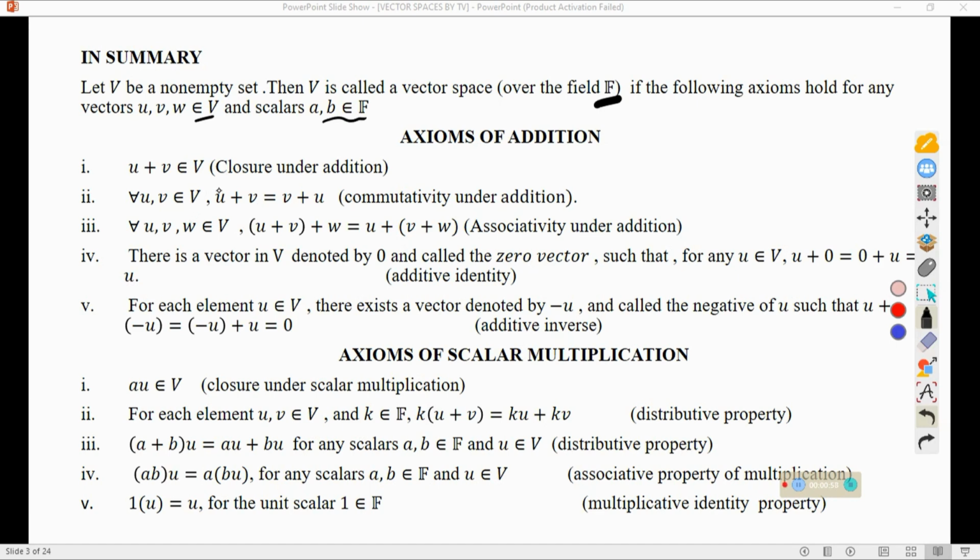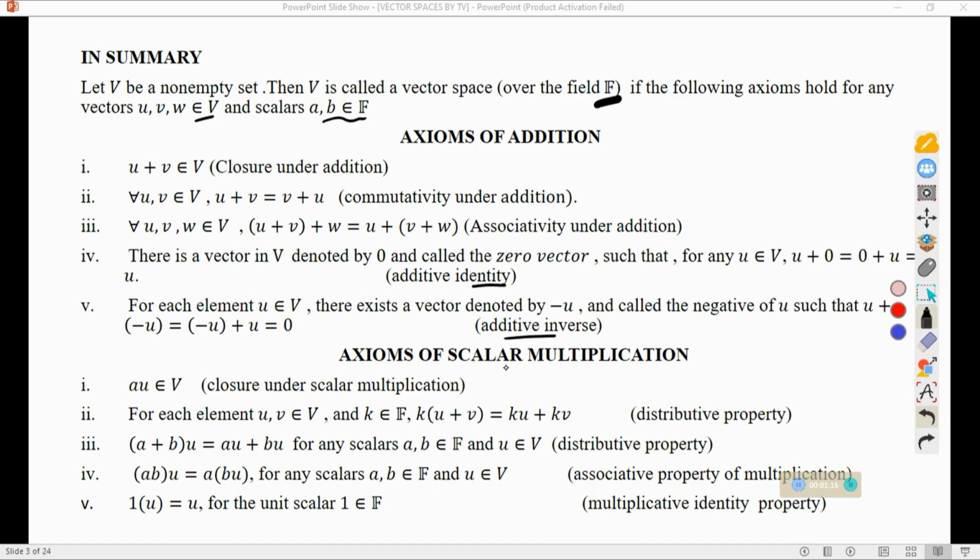Under addition, we looked at axioms such as closure under addition, commutativity, associativity, additive identity, and additive inverse.